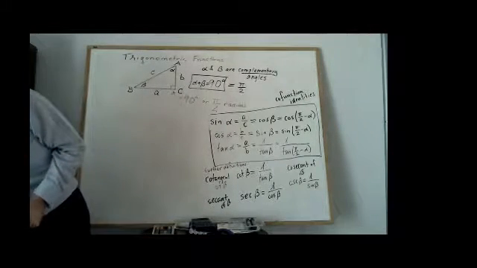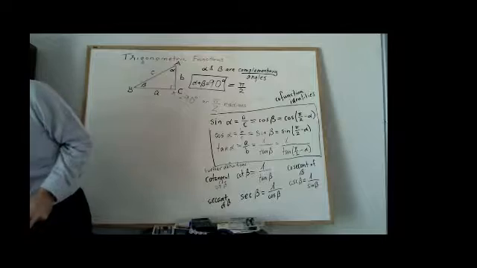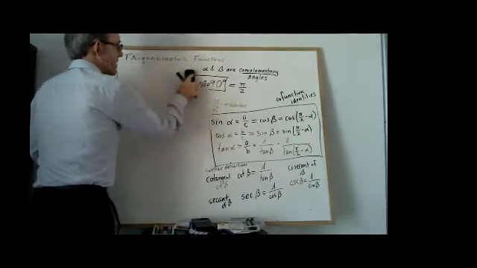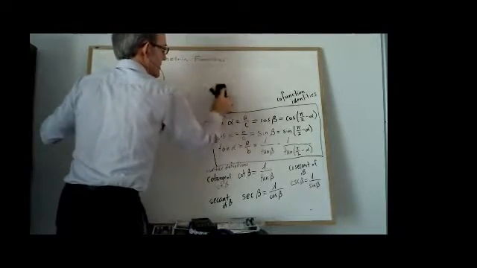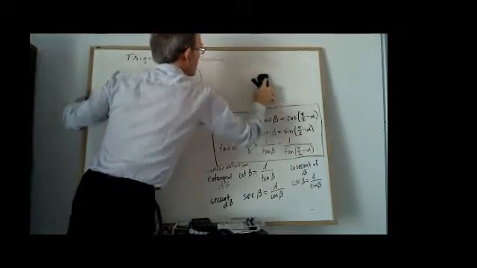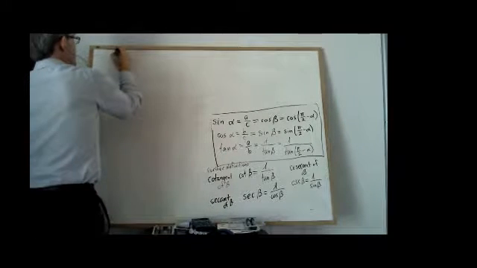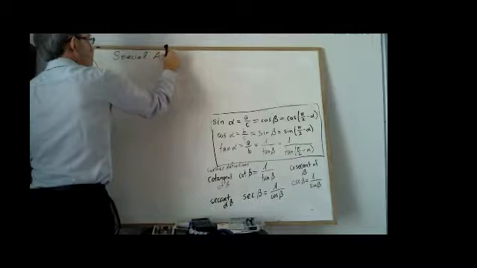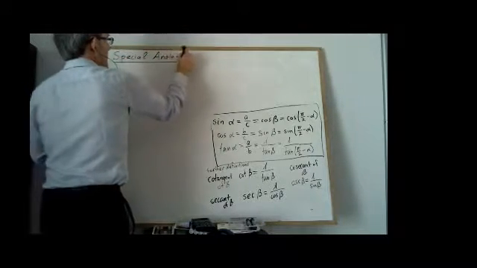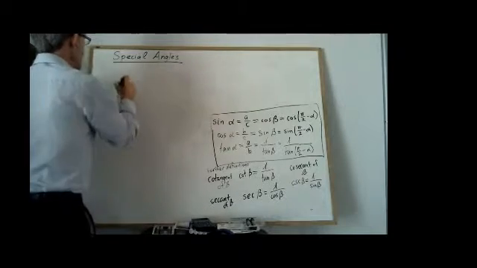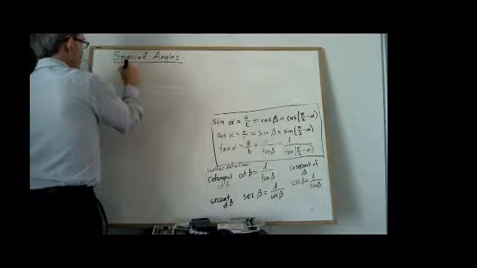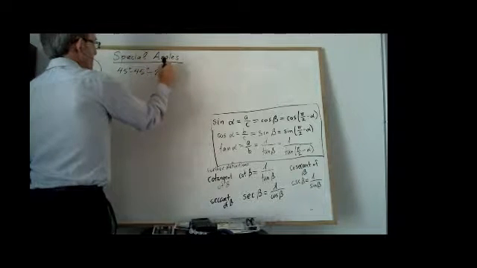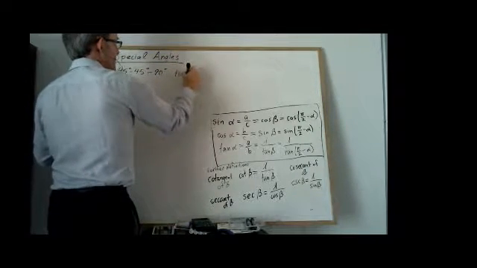Now I want to give some particular examples, special case examples. So we have special angles here. Okay, let's do the 45 degree, 45 degree, and 90 degree triangle case.